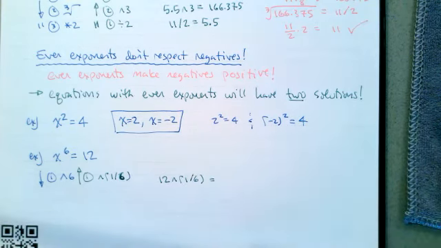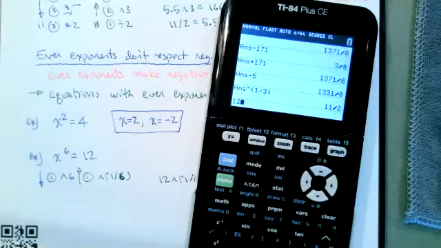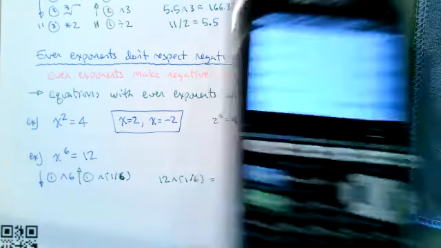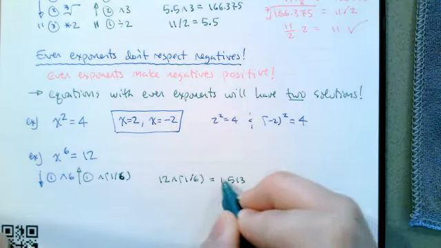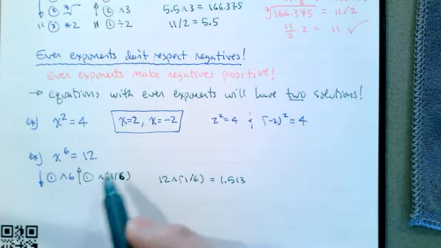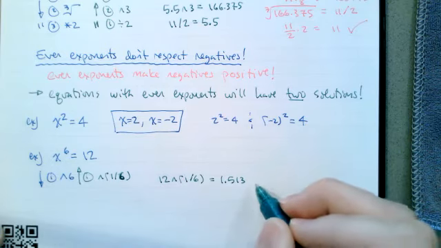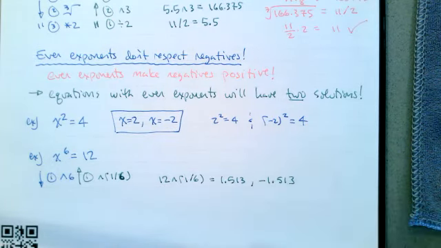And here's where we get the two solutions. So I need to know 12 to the 1/6 power, 1.513. But even exponents will make two solutions, and when we do the reciprocal exponent, that's when the other one shows up, and also -1.513.